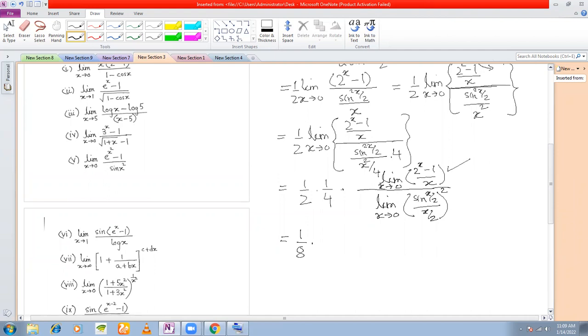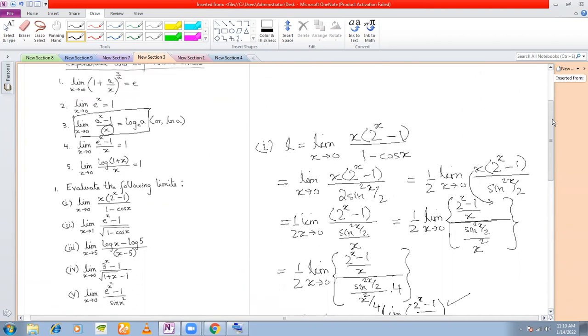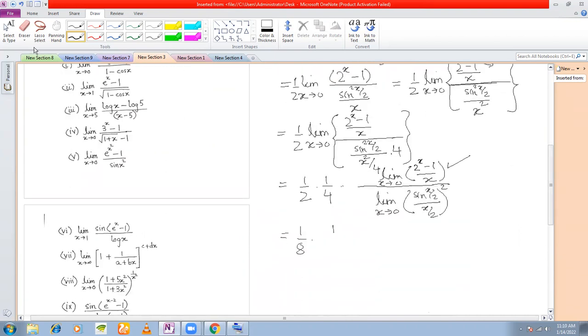This limit is a standard limit, right? So this becomes, if you see, this is log a. So ln a, the natural log of a, in the numerator, divided by, and this limit can now enter the power and become a whole square.